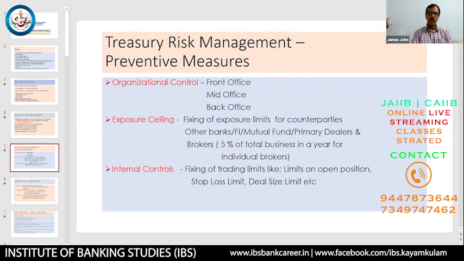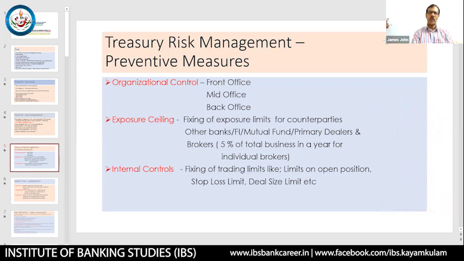And what are the preventive measures to manage the risk? These are all the preventive measures adopted by various banks. One is organizational control, second is exposure ceiling, and third is internal control. Organizational control, I told you, the treasury is divided into 3, and all the 3 are functioning independently: front office, mid office, back office, and they are giving information to the top management.